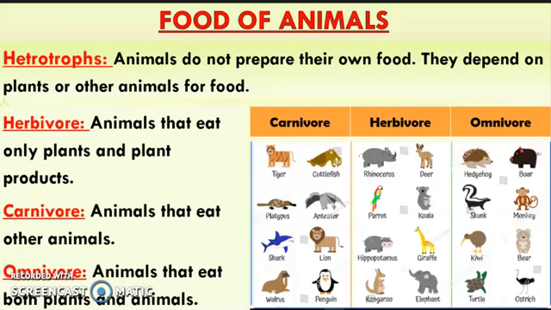Now let us look at the carnivores. Animals that eat only other animals are called carnivores. They eat other animals. Herbivores eat plants. Carnivores eat animals. Examples: tiger, cuttlefish, platypus, anteater, shark, lion, walrus, penguin, and fox.